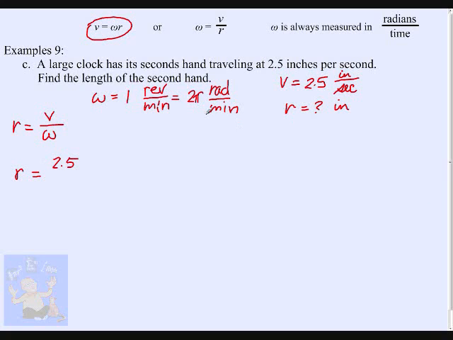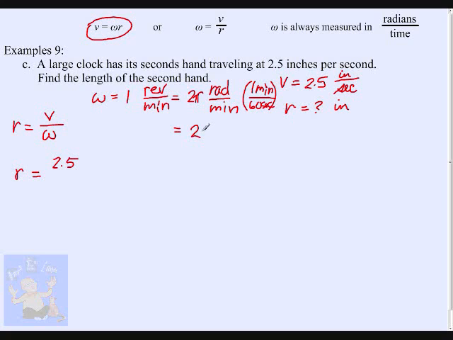Oh, but my angular velocity is in minutes. I'd probably better change that to seconds. What do I have to do to get that into seconds? 2 pi. I've got to say 1 minute divided by how many seconds? 60 seconds.